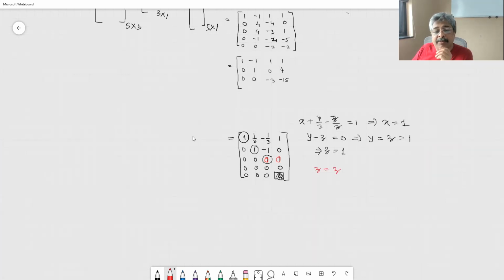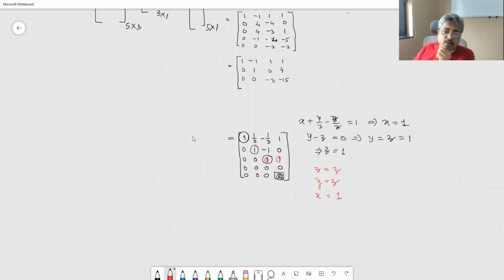Any value of z is acceptable, because 0 z is equal to 0. You can imagine it that way, and then you will have y in terms of z. Y is equal to z, and then you will have x. Now here, if you substitute y by 3 minus z by 3, then x again becomes 1.